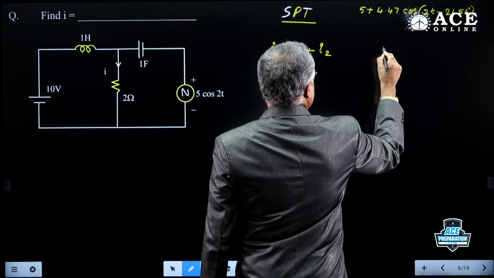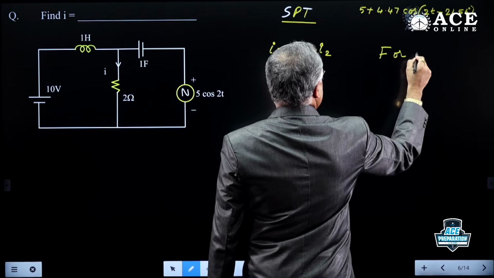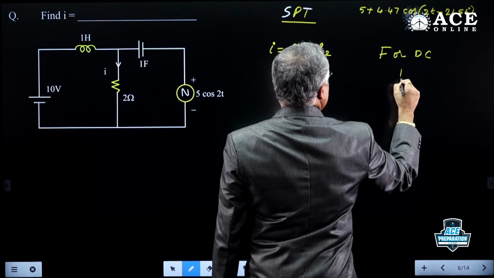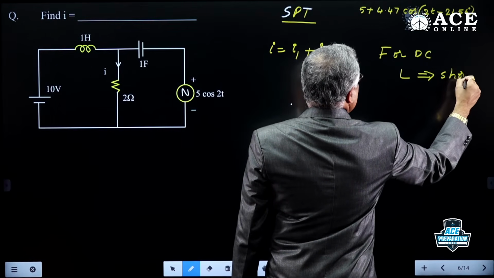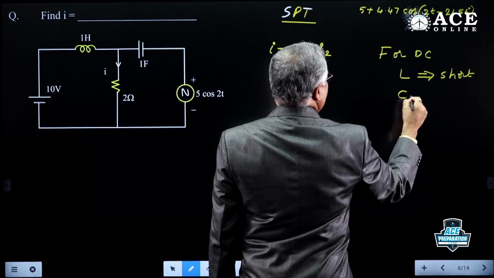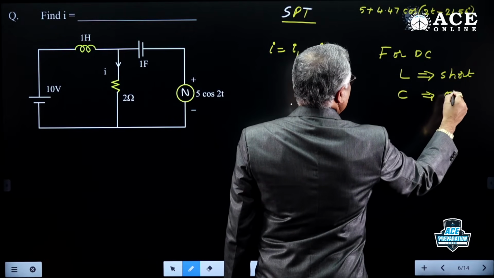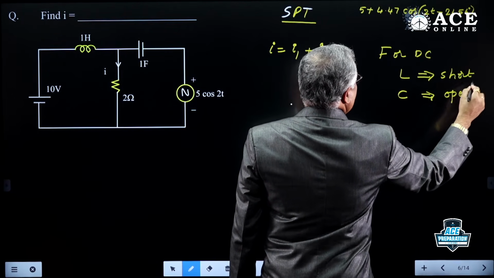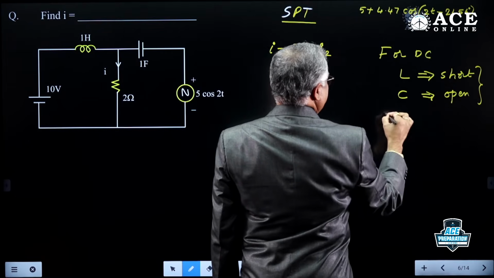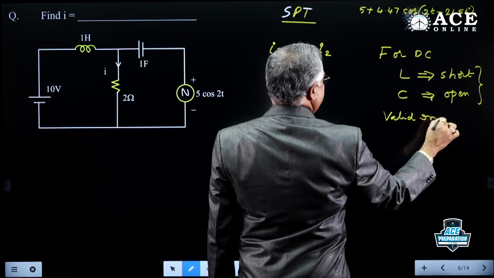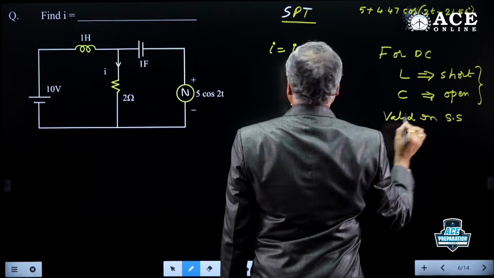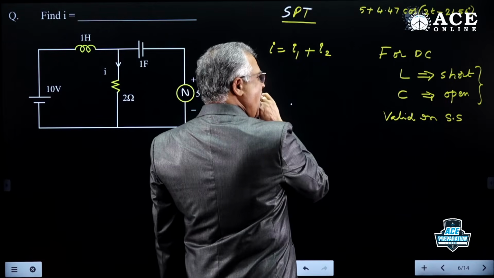For a DC signal, the inductor is short and the capacitor is open. This is valid in steady state. So it's a steady state analysis problem.